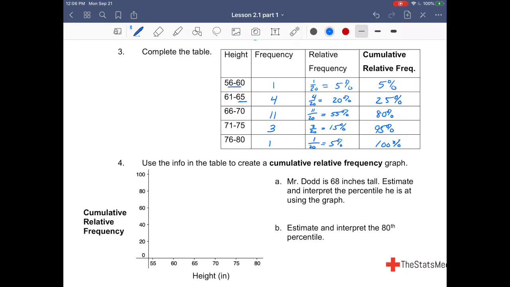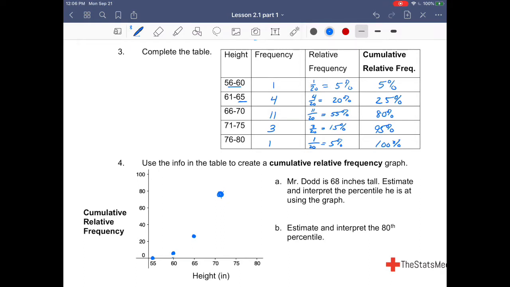So what we can do is start putting some dots. At 55, we have 0% of the data set being represented. At 60, we have 5%. At 65, we have represented 25% of the data set. This is estimations, by the way. At 70 inches, we have accounted for 80% of the data so far.